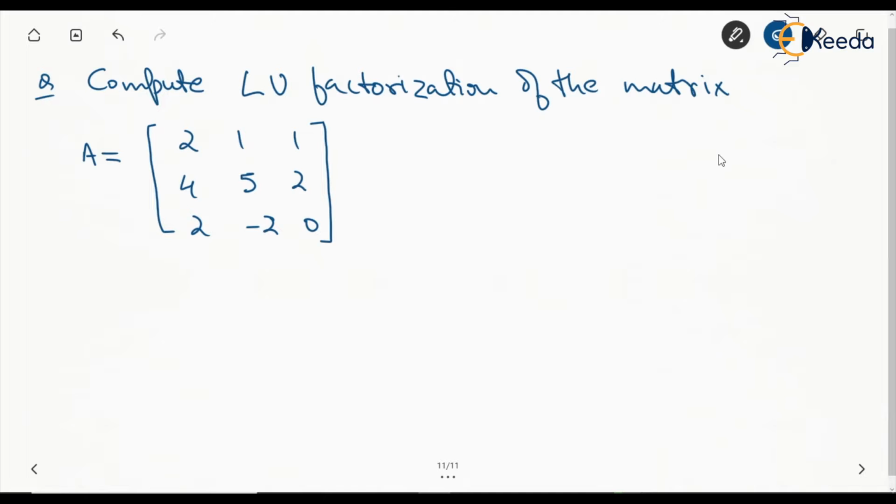Let's say we are writing it in the form of LU as, let's say it is 1 0 0, L21 1 0, L31 L32 1.